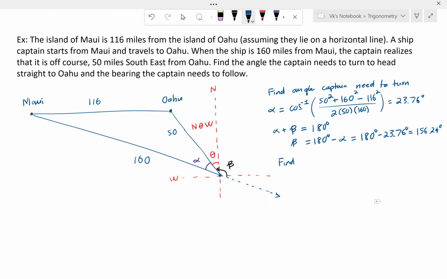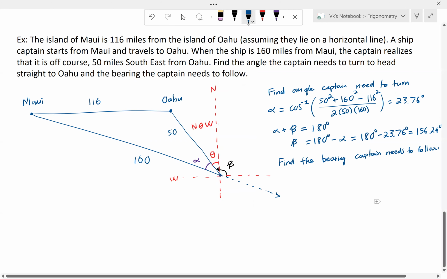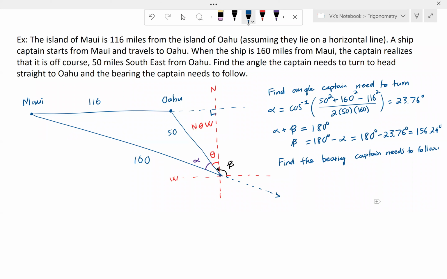Next, we find the bearing the captain needs to follow. For the bearing, that is the angle theta. To do this, let's extend this horizontal line right here, so we get a right triangle. Notice that the angle right here is 90 degrees minus theta.